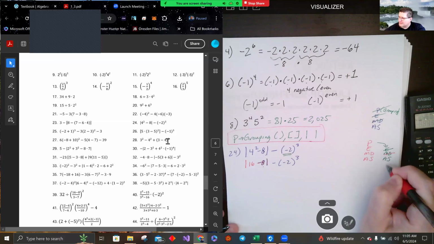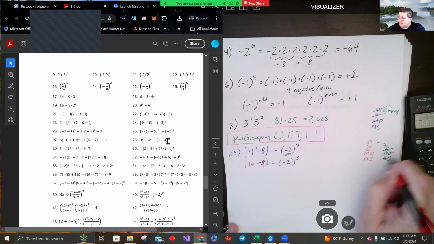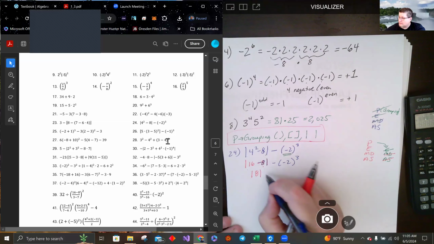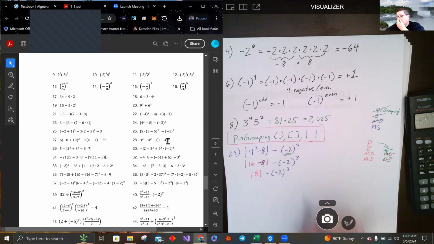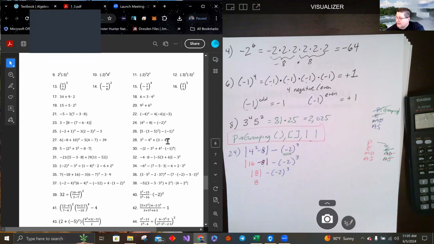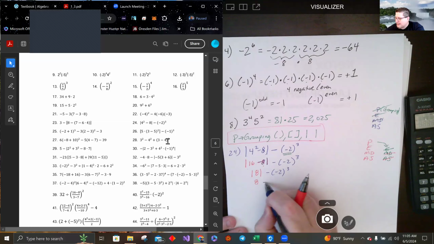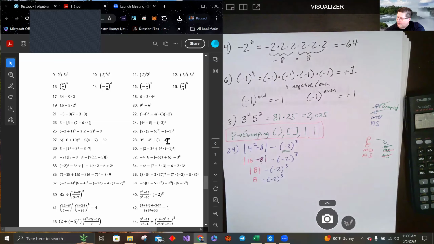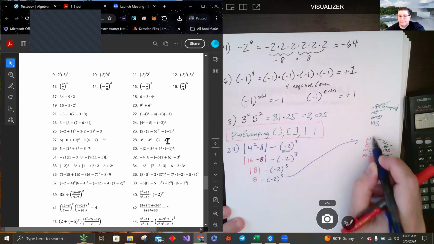And we have addition and subtraction. 16 minus 8 is 8. And addressing the parentheses, absolute value is the only one that actually takes an extra action because you have to make whatever's inside positive. Now, that's where we're done with the parentheses step.